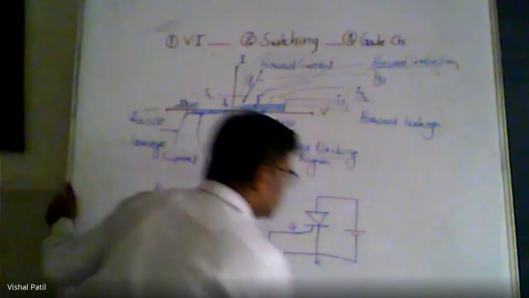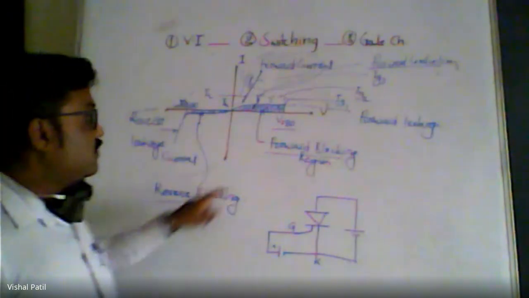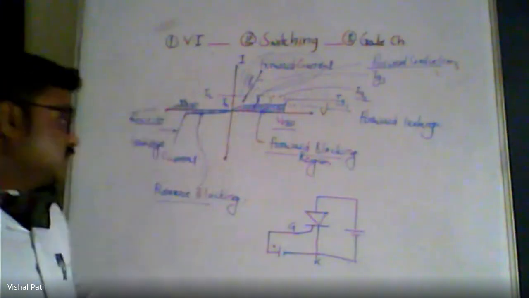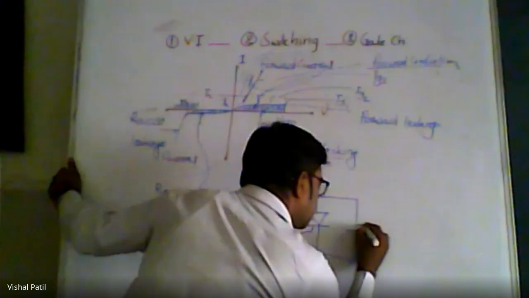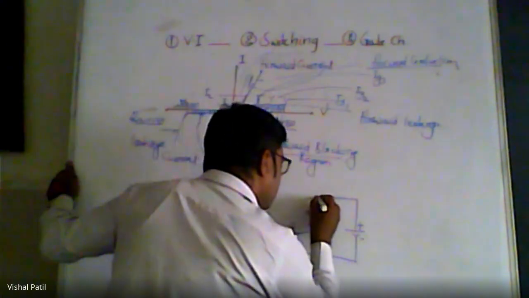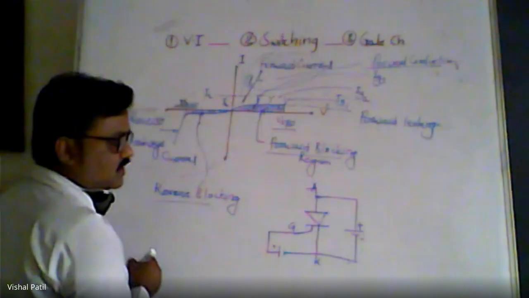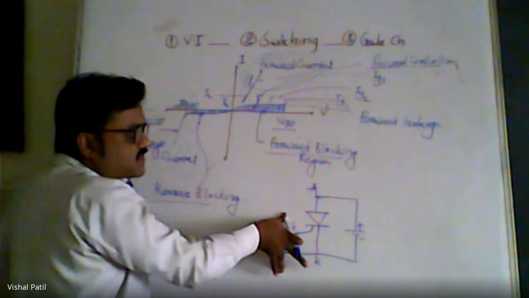This is how we should draw the circuit for the VI characteristics. Now this is the positive terminal and negative terminal for anode and cathode. So this is anode, this is cathode, and this is gate. We have connected the gate in the circuit.